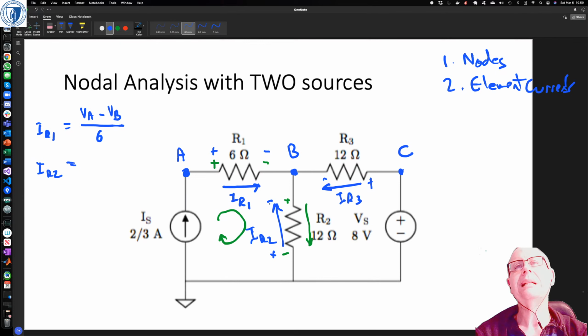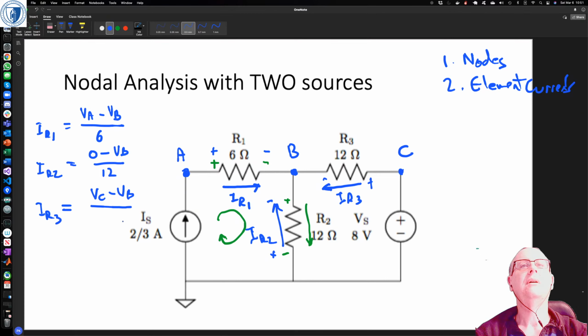Now, this one's a little tricky because it's flowing from 0 to B, so it's 0 minus VB on 12. And then IR3 is flowing from C to B, so it's VC minus VB on 12.